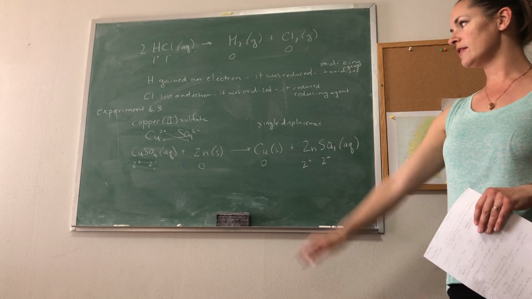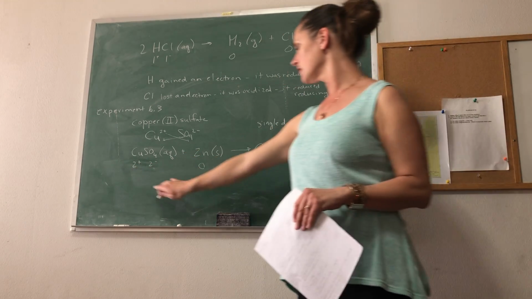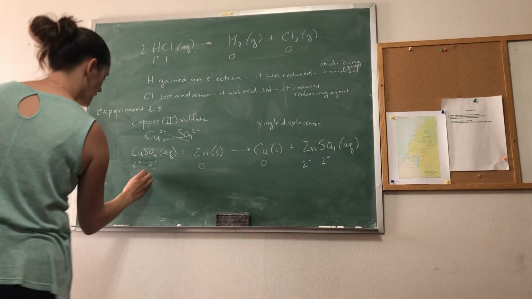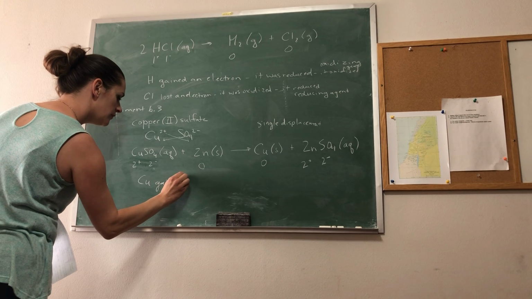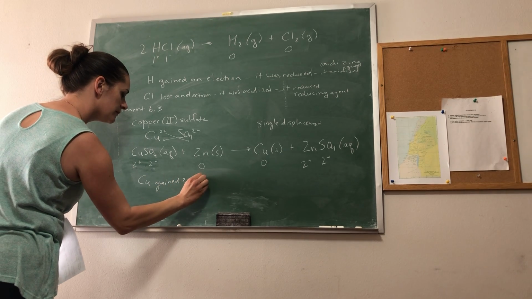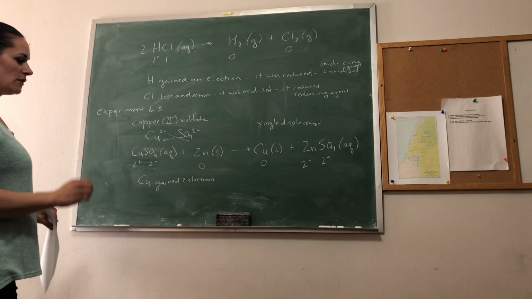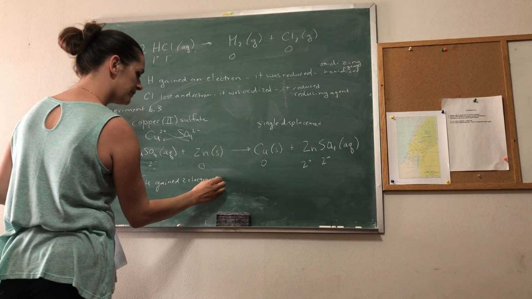Okay, so what happened to the copper? It went from 2 plus to 0, so it gained 2 electrons. So it's reduced. Reduction is gain of electrons, Rig.